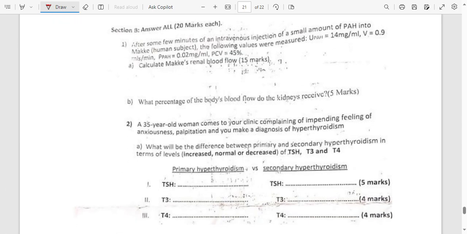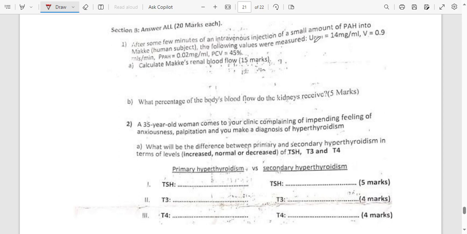Okay, and then section B. After some few minutes of an intravenous injection of a small amount of PAH into a human subject, we've been told that the following values were measured.